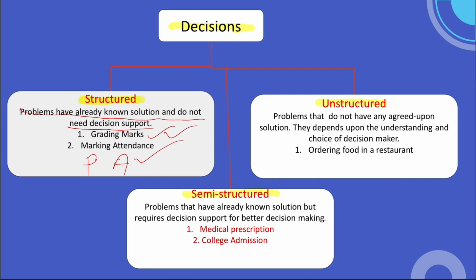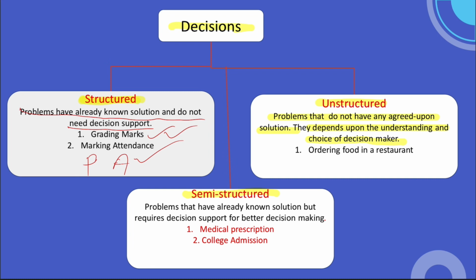This is structured. Another is unstructured decision. These are problems that do not have any agreed upon solution. They depend upon the understanding and choices of the decision maker. In fact, unstructured decisions are those whose answer or solution is not defined.